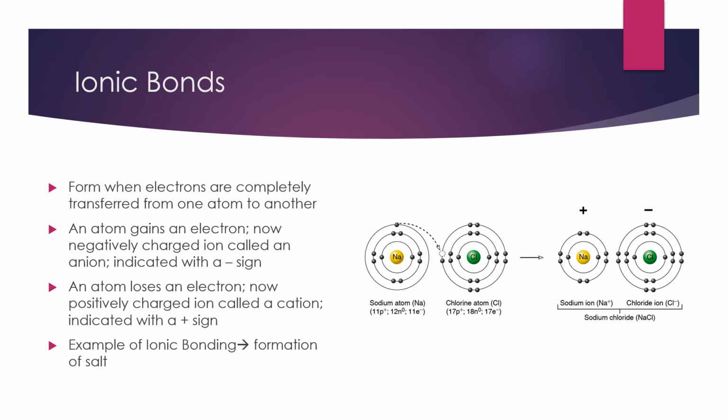Here on the right is an example of ionic bonding, the formation of salt. You can see sodium is quote unquote gifting the chlorine atom an electron, and then they both have 8 on their outermost ring, the valence shell, and it becomes sodium chloride.